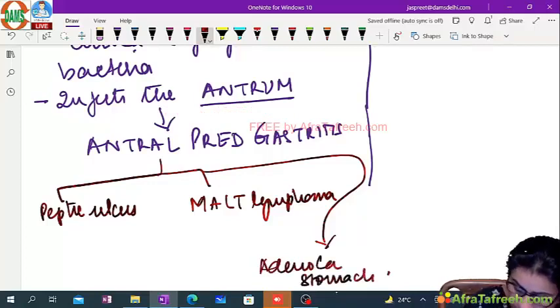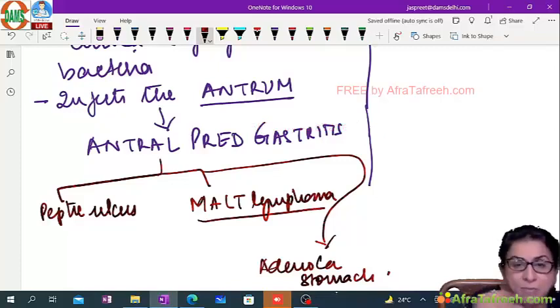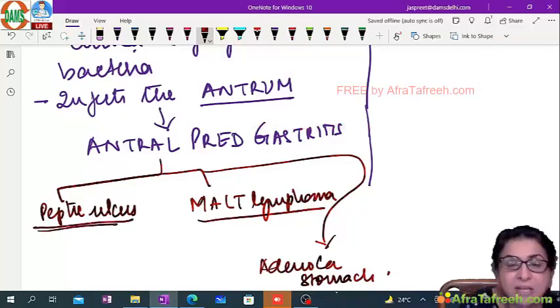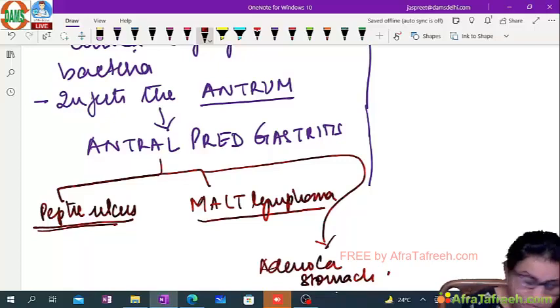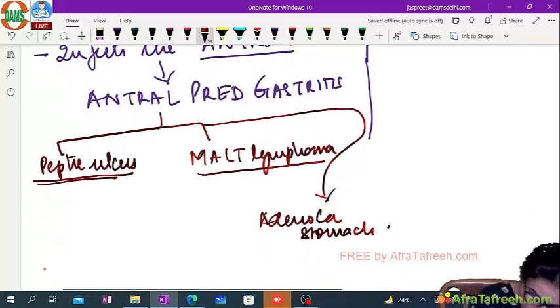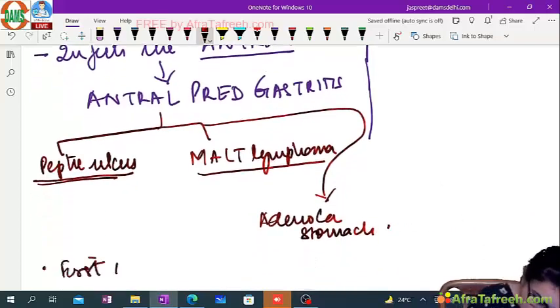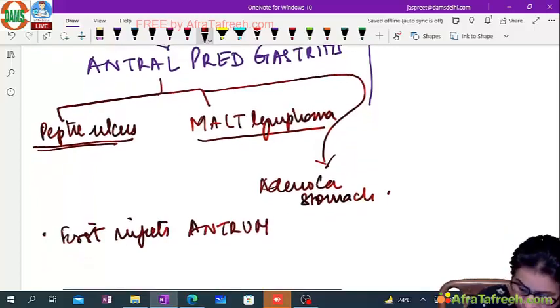Adenocarcinoma is less common; MALT lymphoma is more common than adenocarcinoma. And a very important cause of peptic ulcers is also H. pylori. H. pylori first infects the antrum and causes antral predominant gastritis.